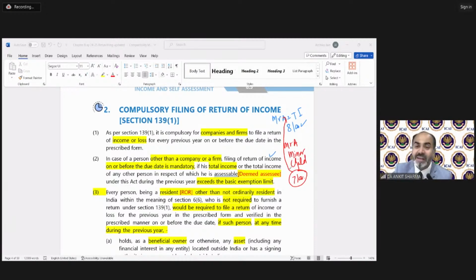So if you are a deemed assessee, a trustee, or a parent of a minor child who is earning income, and if that person's income exceeds the basic exemption limit, then also you need to file the income tax return. So if you are the assessee of your own income and that income exceeds the basic exemption limit, you have to file a return.